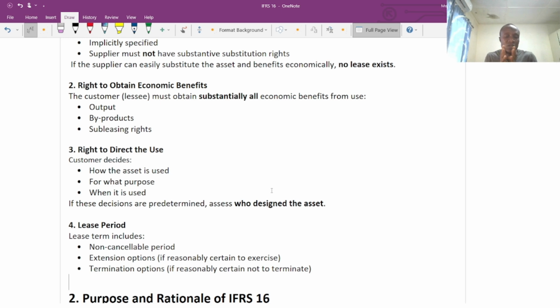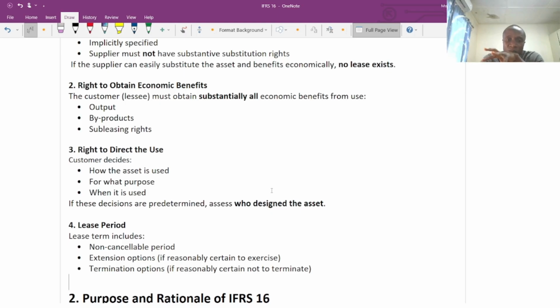Very important concept. Then also, the lease agreement should contain a consideration. There should be an exchange of something. If I'm going to lease my three-story building or my motor vehicle to you, you need to give the lessor some consideration in exchange for the lease item.